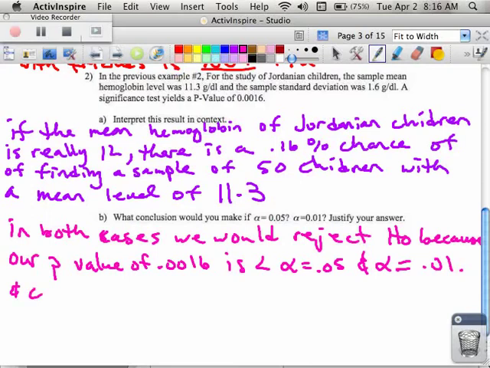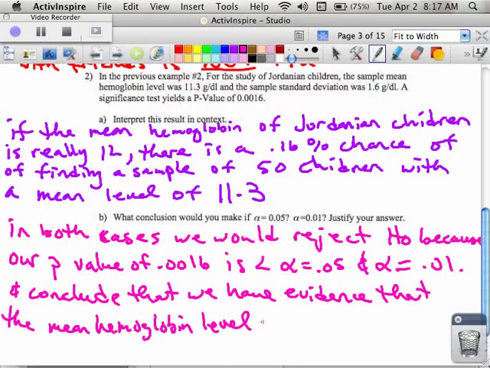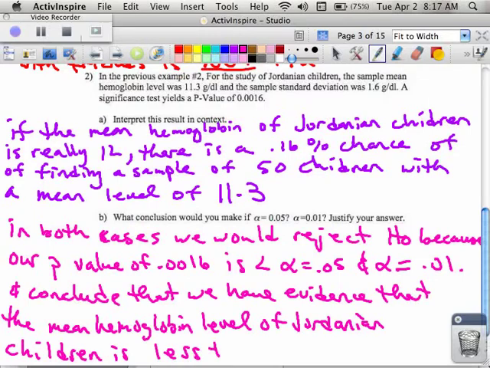And conclude that we have evidence that the mean hemoglobin level of Jordanian children is less than 12.